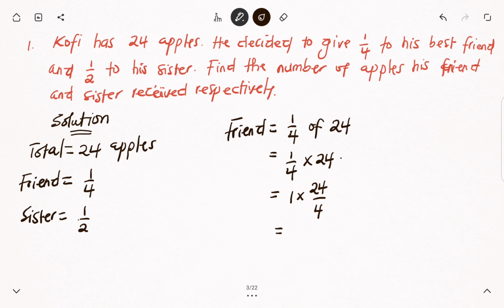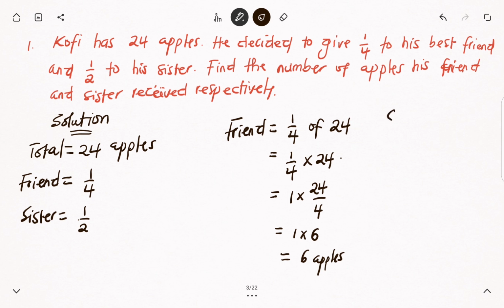So we know that 4 will go into 24 6 times. So we have 1 multiplied by 6, and this will give us 6 apples. So it means the friend will receive 6 apples.